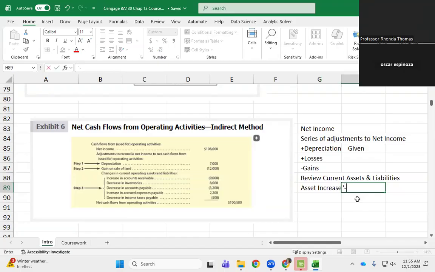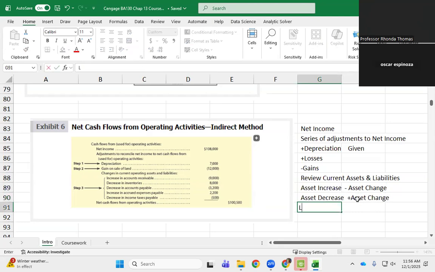You subtract the asset change, the amount that it changed. How about an asset that decreases? Then you would add the decrease, add asset change.